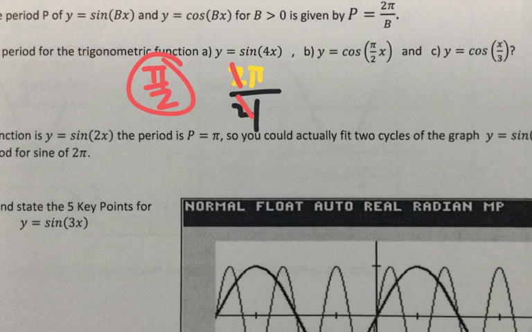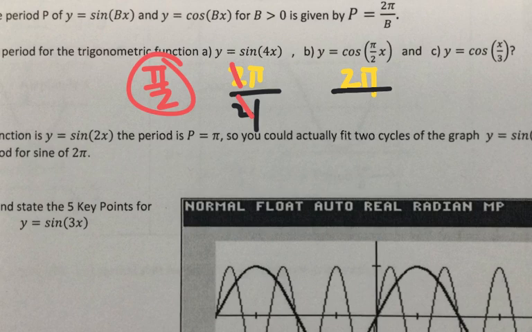B part. It's a cosine. What's the normal period for cosine? How long does it take cosine to repeat itself? 2 pi. So I always have to put the 2 pi up top, because that's the default period. And now, what's happening to the x here? X is being multiplied by pi over 2 on the inside.